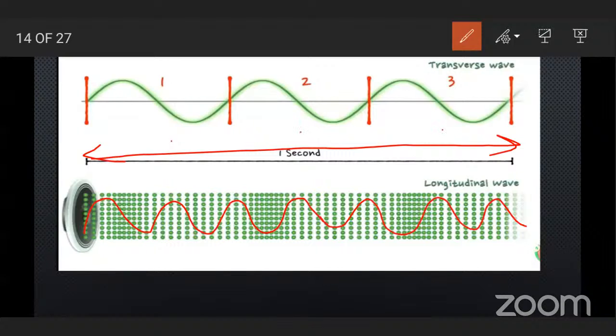So what is the frequency here? 3 hertz. Because frequency is the number of oscillations occurring in 1 second, and here in 1 second 3 oscillations completed. So the frequency of this object is 3 hertz.